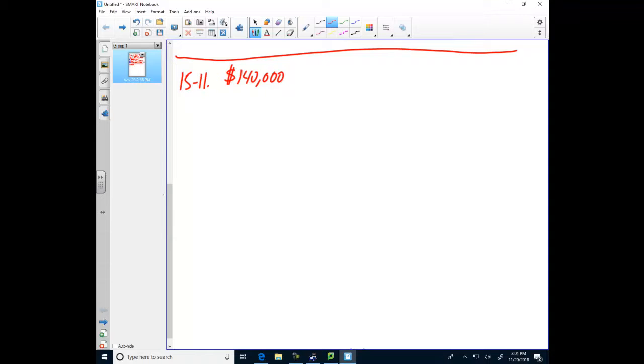So he's going to buy a house for $140,000. He puts 20% down and obtains a mortgage for 30 years at 5.5%. What is Joe's monthly payment? What's the total interest cost on the loan? So these are all interesting things to know.